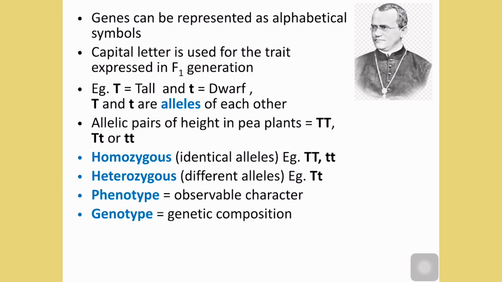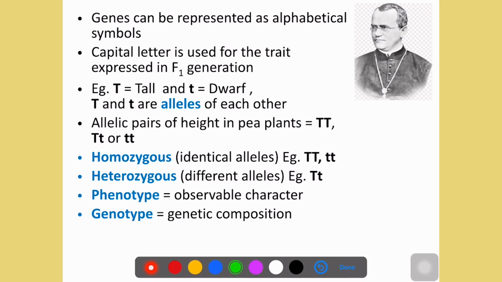Now, both the capital T and the small t are alleles of each other, right? They are the different forms of the same gene because they both code for the same character, that is stem height.